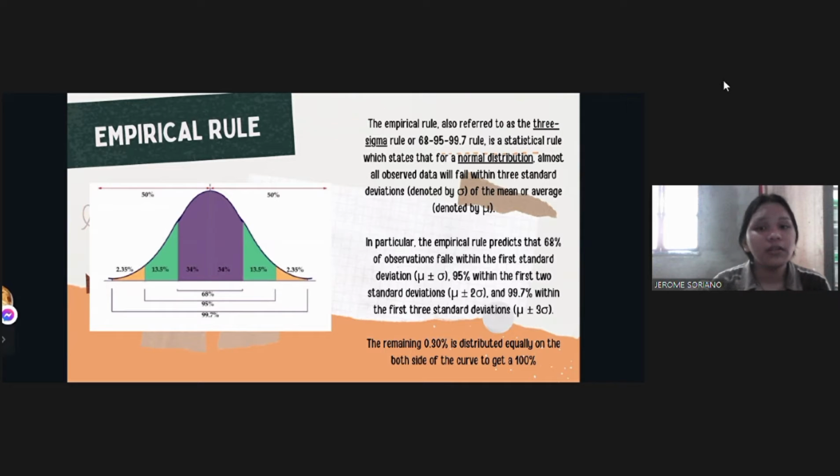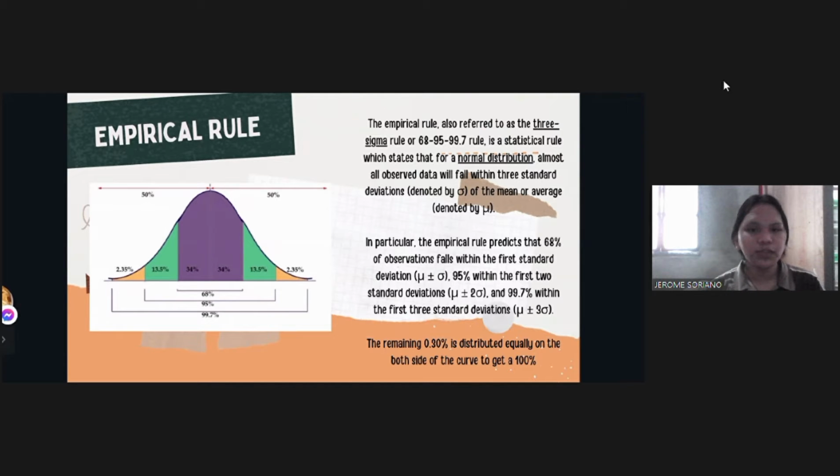In particular, the empirical rule predicts that 68% of observations fall within the first standard deviation, 95% within the first 2 standard deviations, and 99.7% within the first 3 standard deviations. And the remaining 0.30% is distributed equally on both sides of the curve to get a total of 100%.